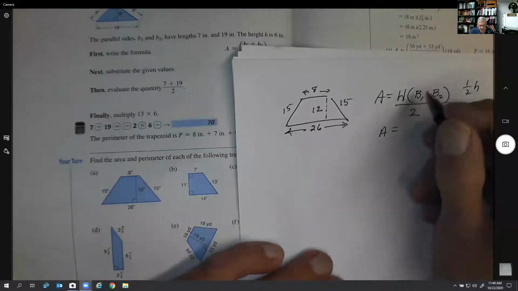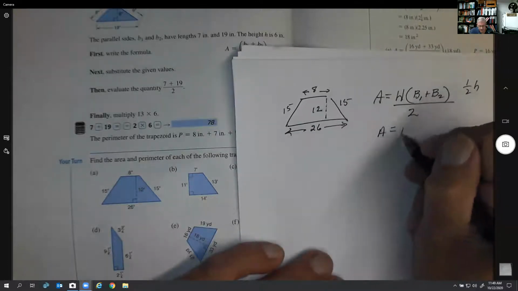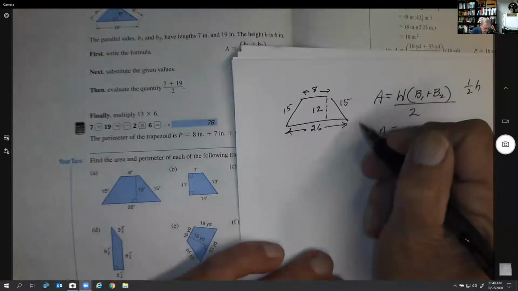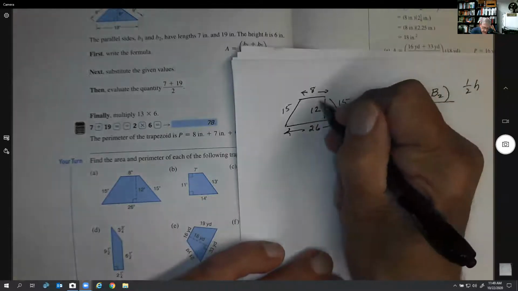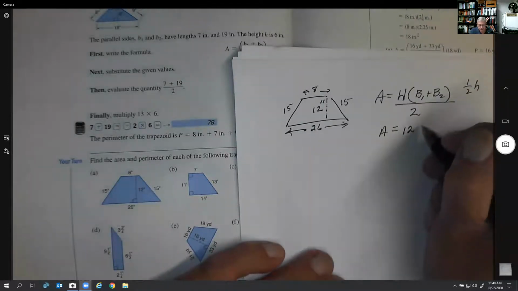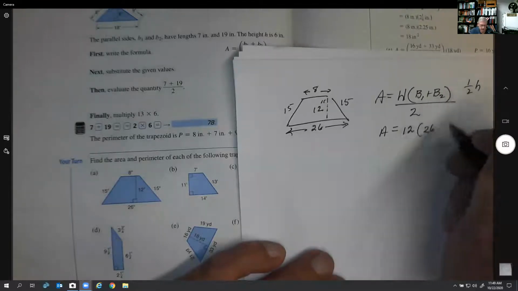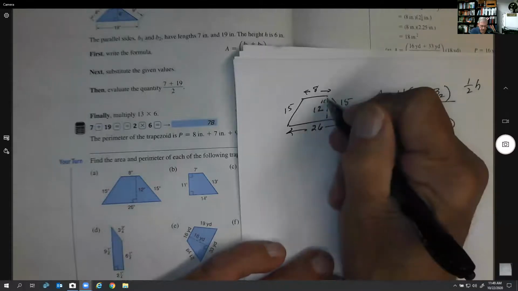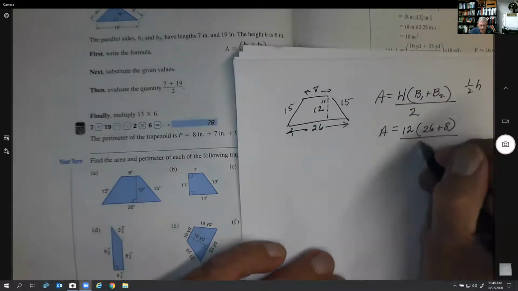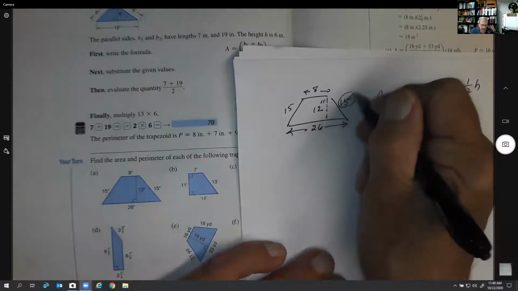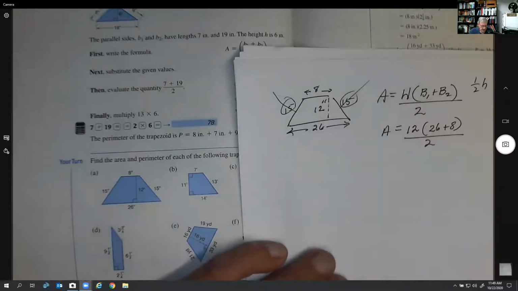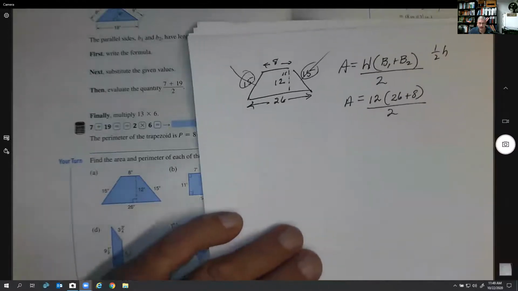Area is the height, which is 12, and this is in inches, these two little marks, inches, times base 1, call that the bottom, plus base 2, call that the top. 12 was the height, over 2. You see, we're not using these 15s to calculate the area. And I'm just going to concentrate on the area.